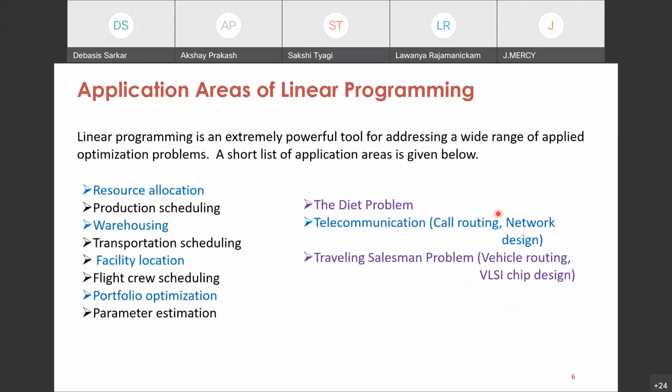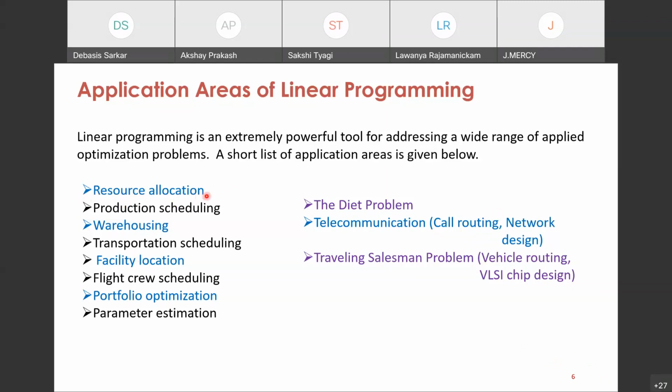Okay. Now, there are various types of important linear programming problems. Several real-world problems can be formulated as linear programming problems, and applications range from engineering to economics to management to production planning, and so on and so forth. Here is a short list of application areas, not exactly the problems, but application areas.